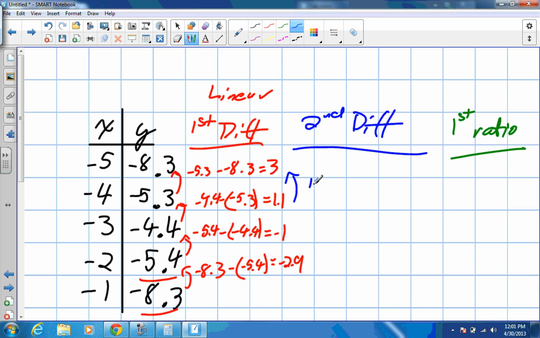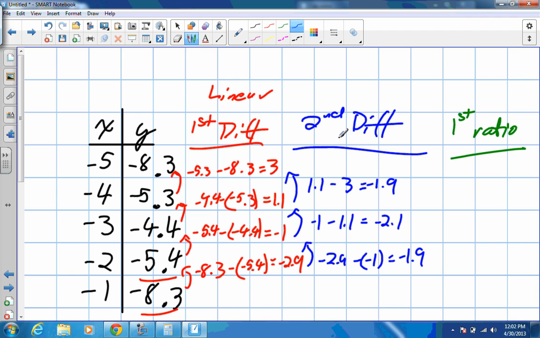So 1.1 subtract 3 is almost 2. I think it ends up being negative 1.9. Negative 1 subtract 1.1 is negative 2.1. And negative 2.9 subtract negative 1, so that's like adding, is negative 1.9 again.